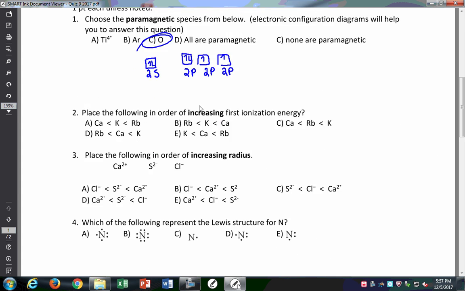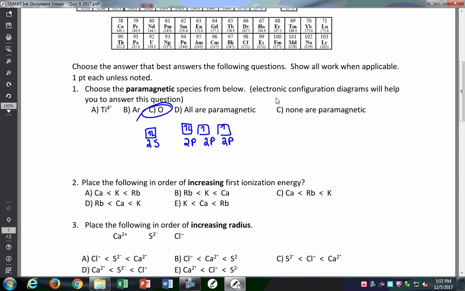So what's the difference between paramagnetic and diamagnetic? In diamagnetic, we have all paired electrons. Paramagnetic, we have at least one unpaired. So like paramagnetic, it's like an odd number? No, not necessarily. It's all about how many are paired. Well, it can be an odd number. It doesn't have to be.